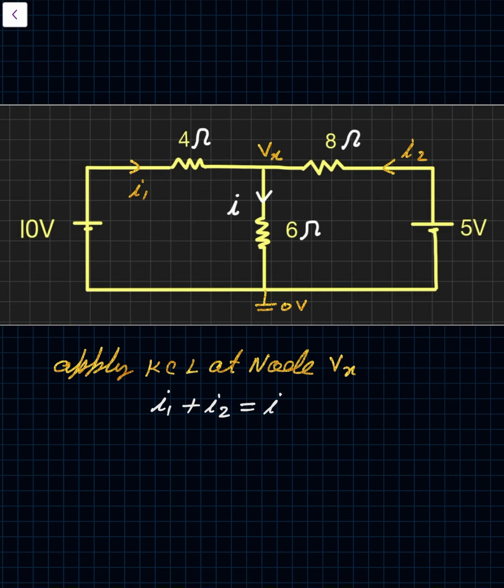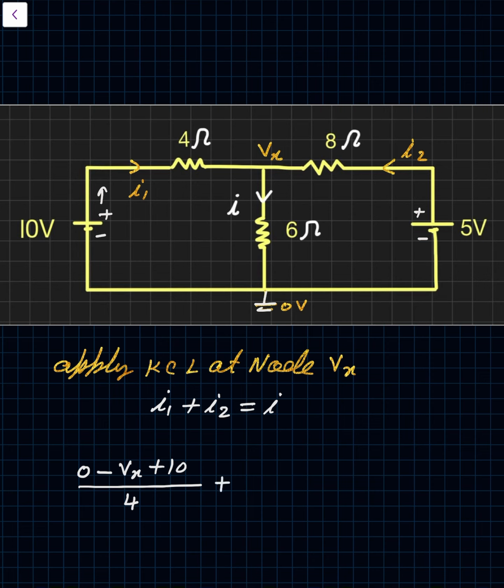I1 is how much? This is the negative terminal, that is the positive terminal, and that one is a datum node, 0 voltage. So, how can it be written? 0 minus Vx, current leaves from the positive terminal, so plus 10 volt divided by how much? 4 ohm, plus what about I2?